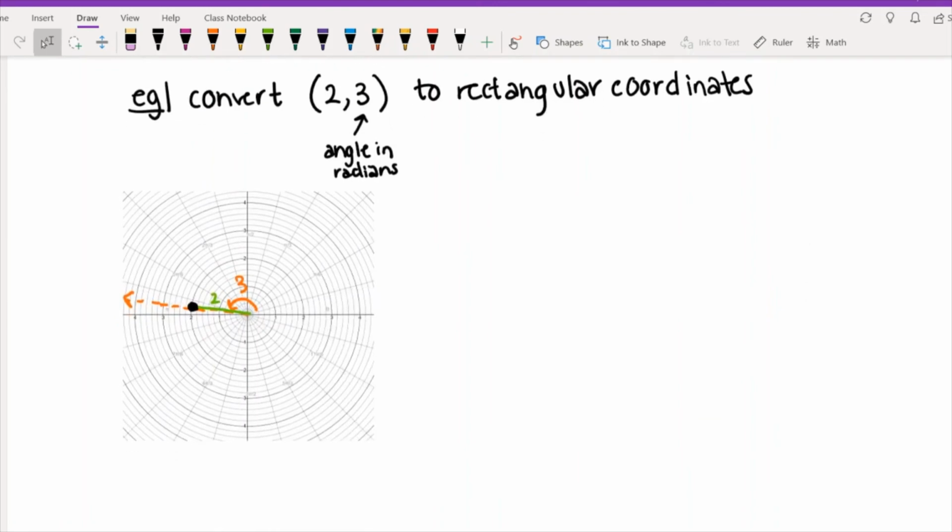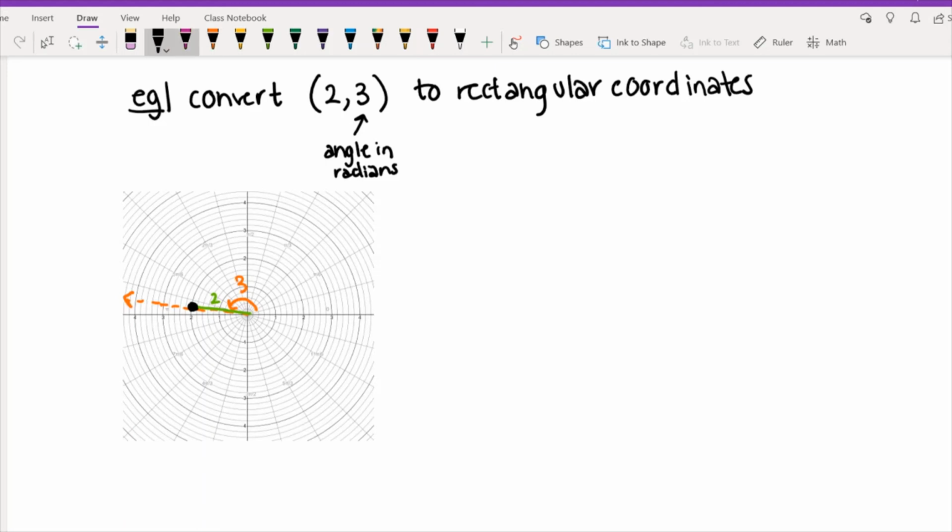But just in the same way that you can do sine and cosine on the unit circle when you have angles that are not in the first quadrant, it's the same idea here. If you were to take sine of 3 radians, that would still be the y coordinate of a point. It doesn't matter whether your angle is in quadrant 1 or not. The sine of an angle is always the y coordinate.